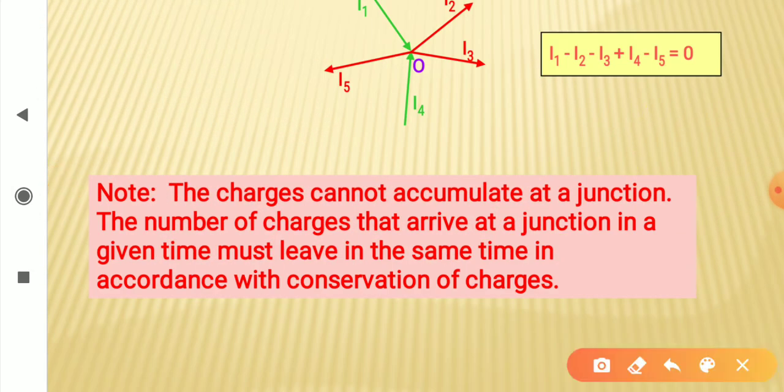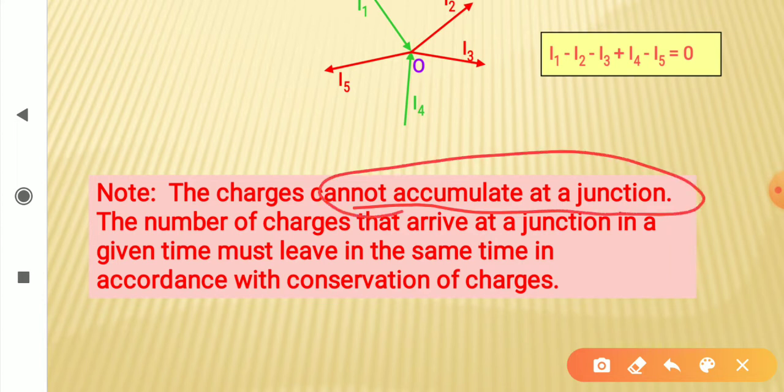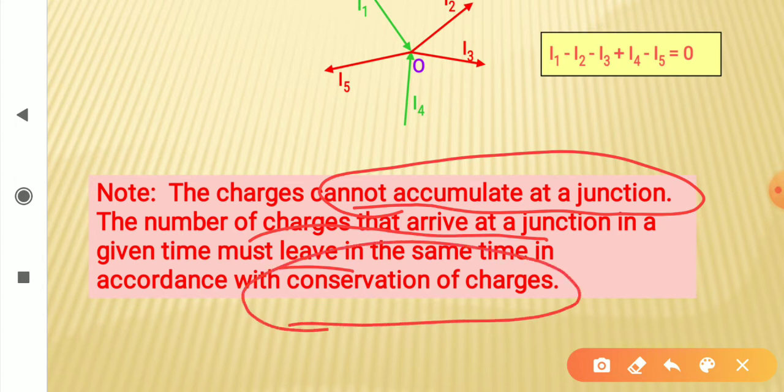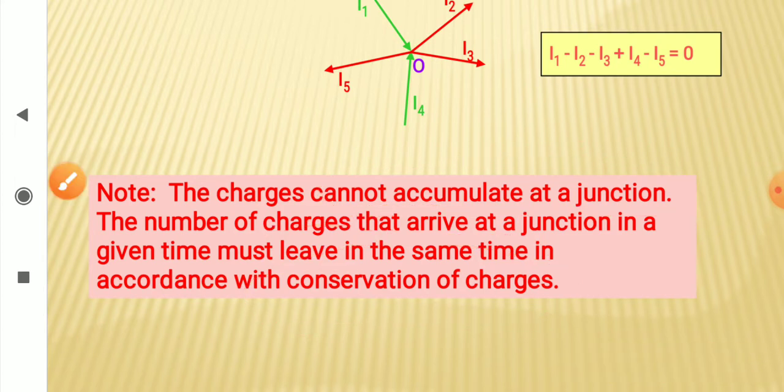This happens because charges cannot accumulate at a junction. So the number of charges reaching a junction must be equal to the number of charges leaving the junction, and it is based on the law of conservation of charge.